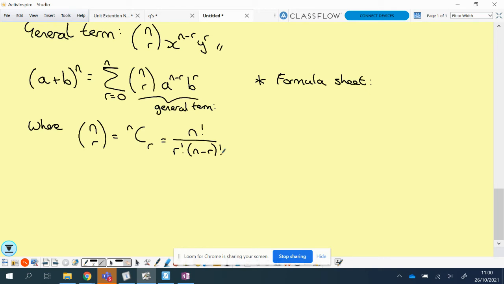Okay, so that's what it is. If we're allowed a calculator though, we can just use the choose button to get the value here. But if we don't have a calculator, we'd have to use this formula in order to get the values if we couldn't remember it from the rules. So that is what the theorem does. The theorem's going to expand brackets to any power for us. We're not going to be talking about brackets at that point. We're going to just be using the coefficients to do so. All right, so let's look at an example.